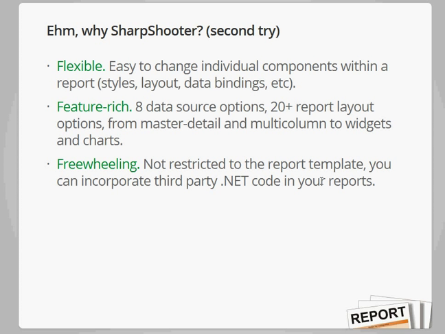But if you want to use that option, you don't want to implement prediction code inside your report. It would be too complicated. With SharpShooter, you can just call that prediction library from your report, get the data back inside your report, and display it.